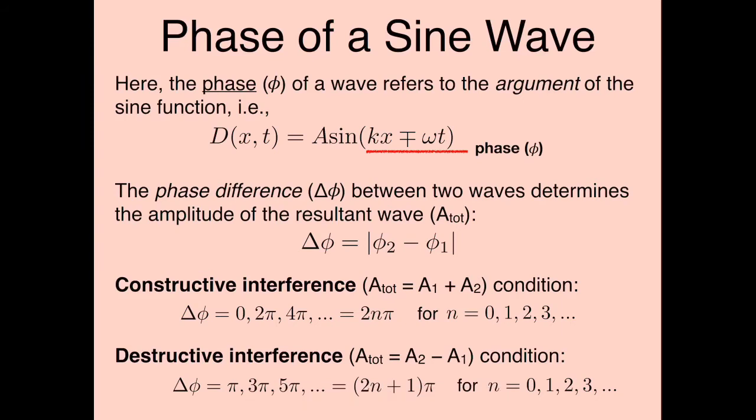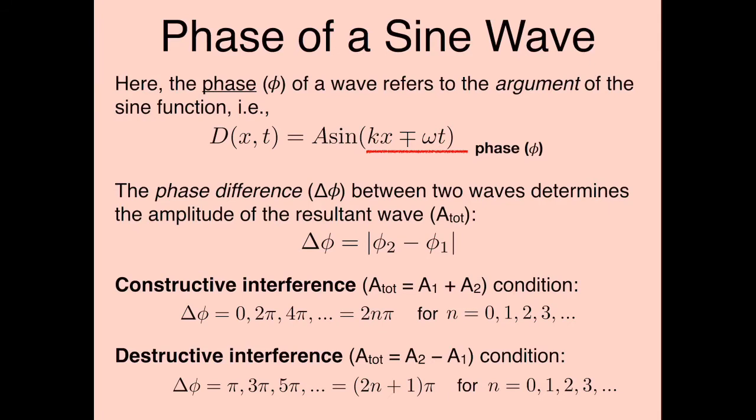Now, remember, if we have two different waves which are combining with each other, it's the phase difference between them, delta phi, that tells us what type of wave we get when we add them together. In other words, this is what determines the amplitude of our resultant wave. So delta phi is defined as phi 2 minus phi 1 for our two waves.